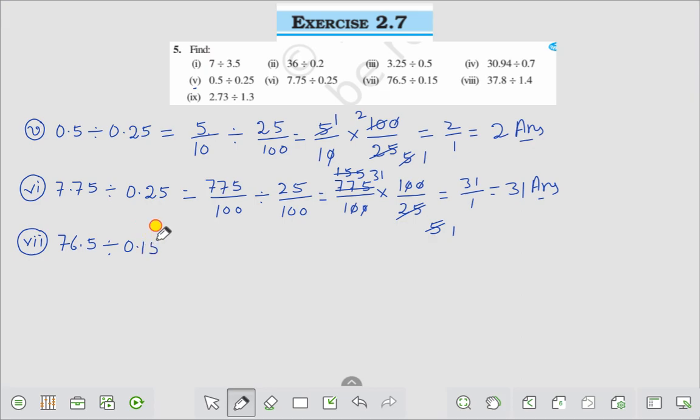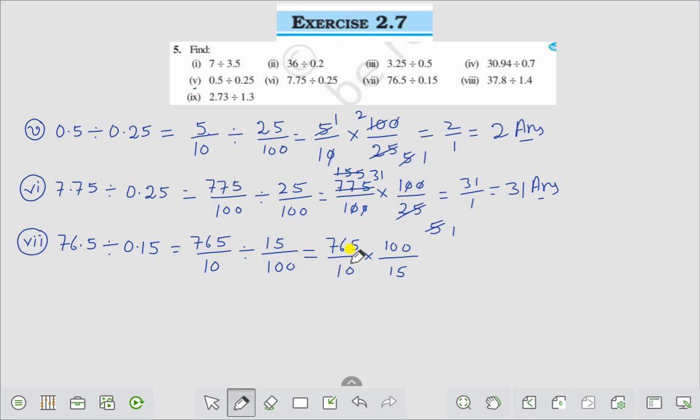First convert this decimal into fraction, that is 765 by 10 divided by 0.15, that is 15 by 100. Here you can write 765 by 10 multiplied by the reciprocal of 15 by 100, which is 100 by 15.